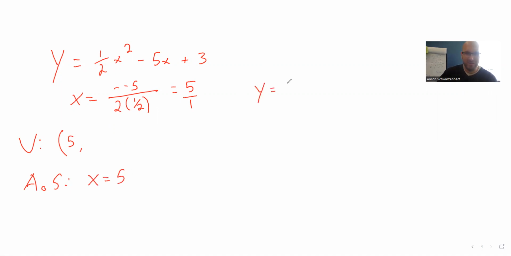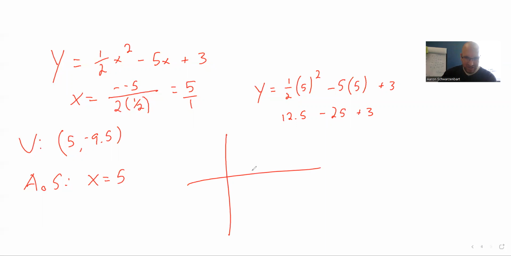Again, to get the y coordinate, I plug in. So 5 squared is 25, times 1/2 is 12.5, minus 25 plus 3. That's negative 12.5 plus 3 is negative 9.5. And this is my vertex.